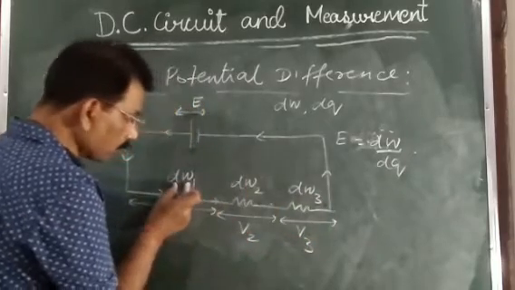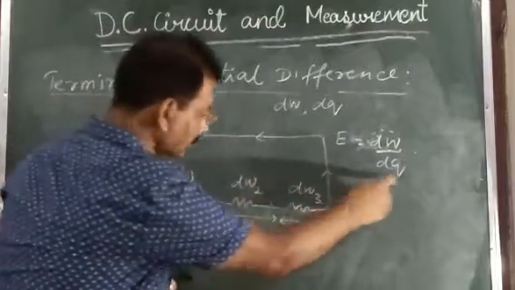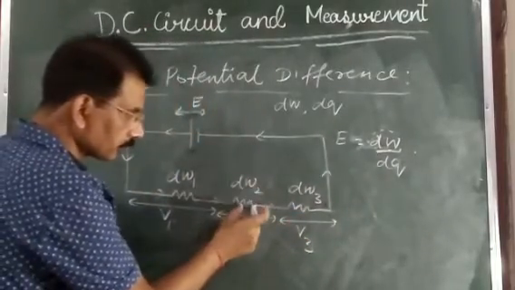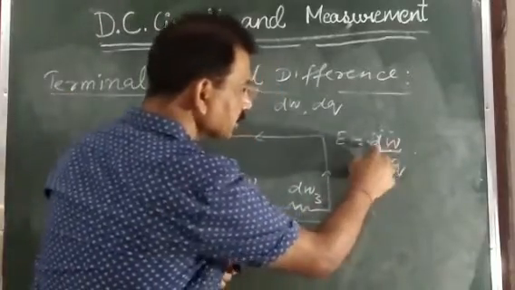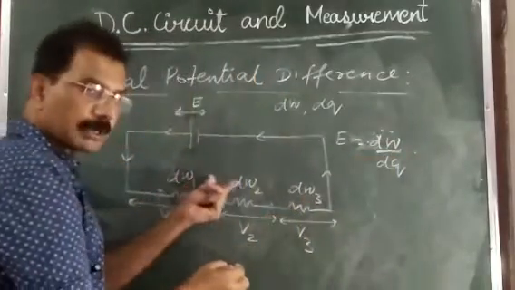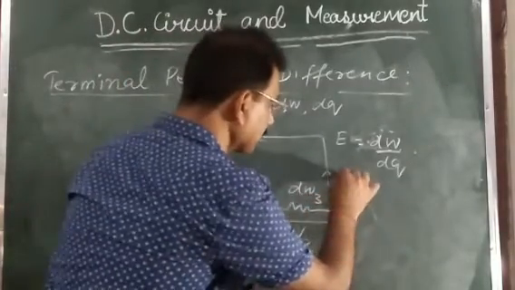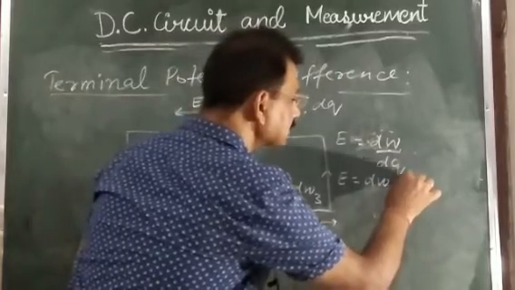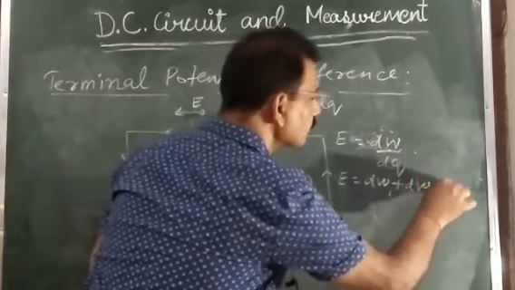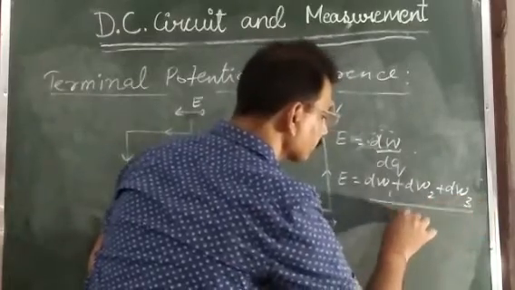It means this dW is the sum of dW1, dW2, and dW3. So we can write E is equal to (dW1 plus dW2 plus dW3) upon dq.